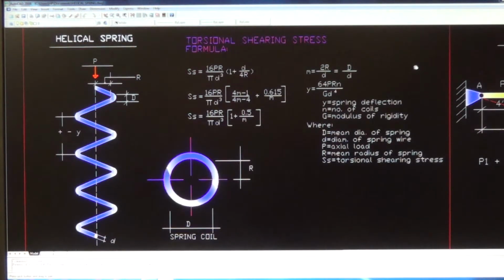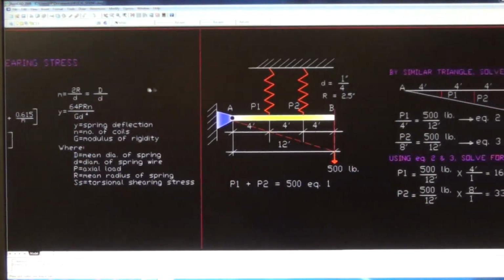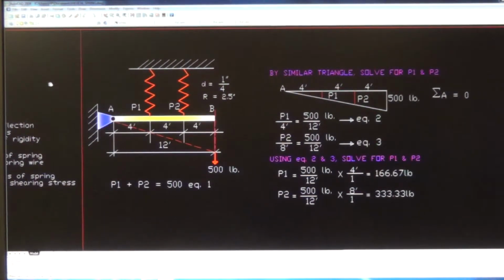Now let's get to the problem solving. Here in this illustration we have two springs suspended from the top and welded at the bottom to a horizontal bar with a length of 12 feet.